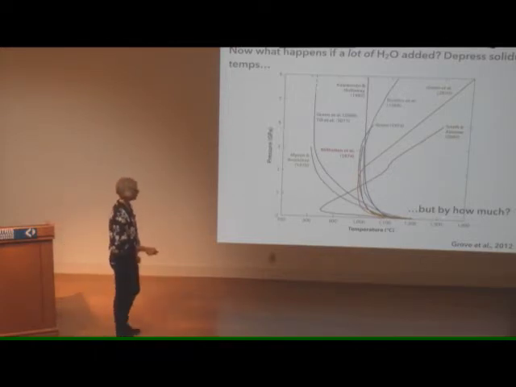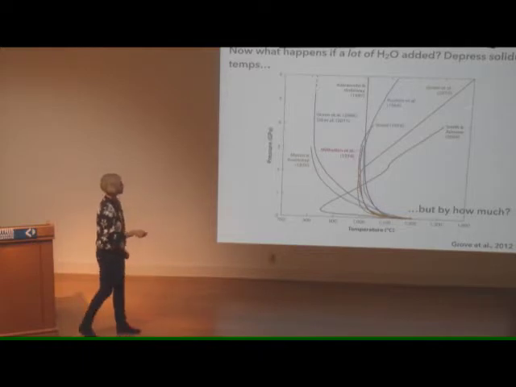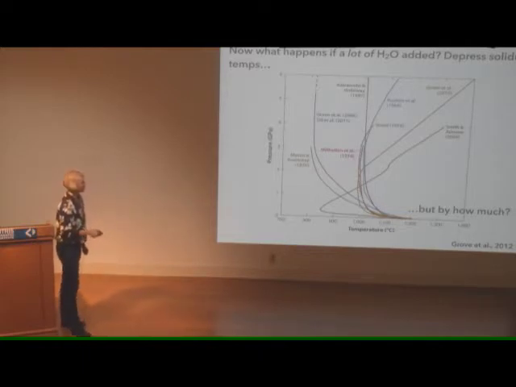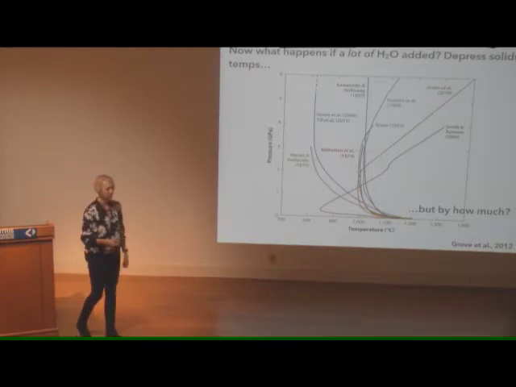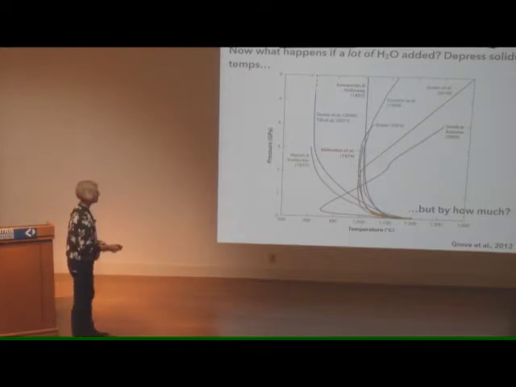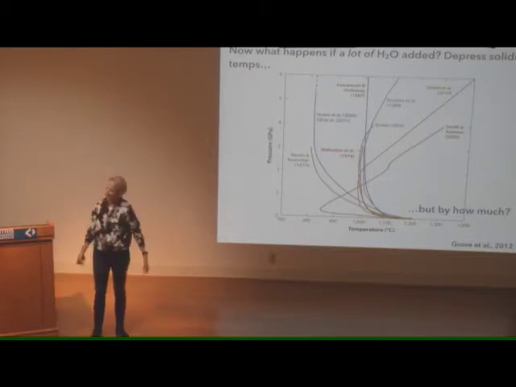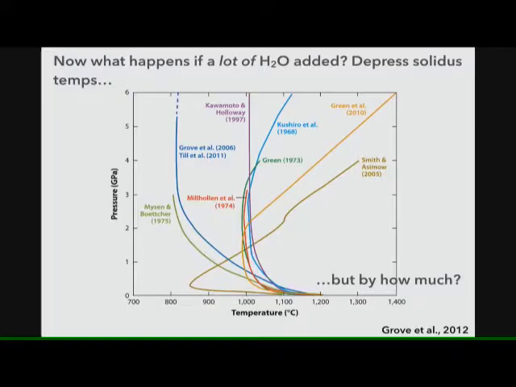So Green came back and said, I want to revisit this, and came up with a new one that's over here. And then Smith and Asimow published one based on thermodynamic theory that's not based on experiments that does this.